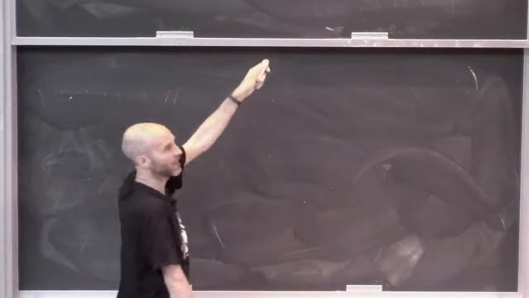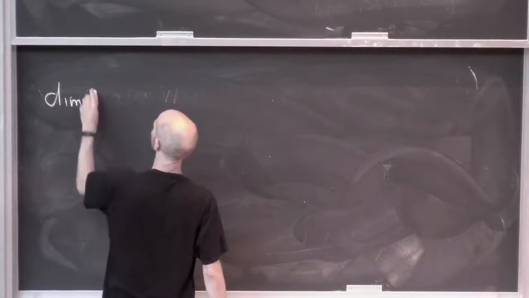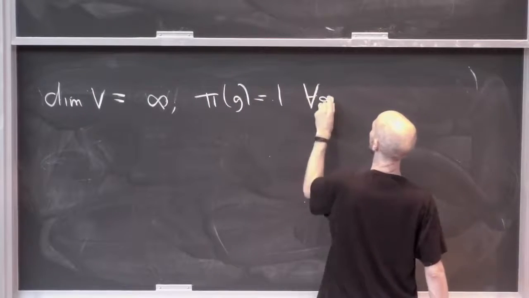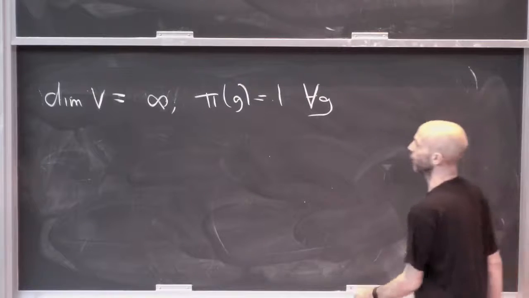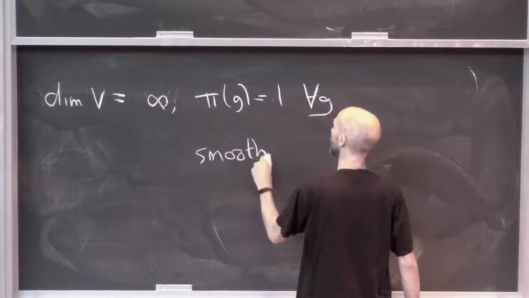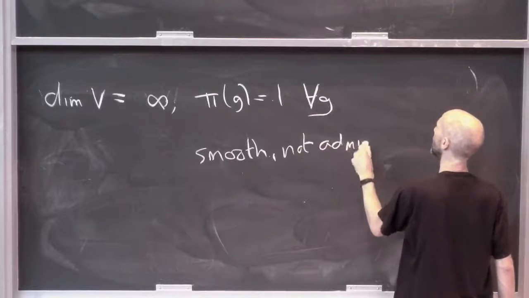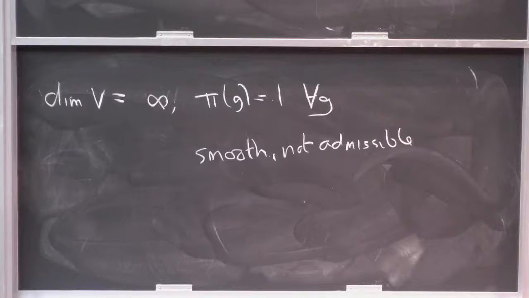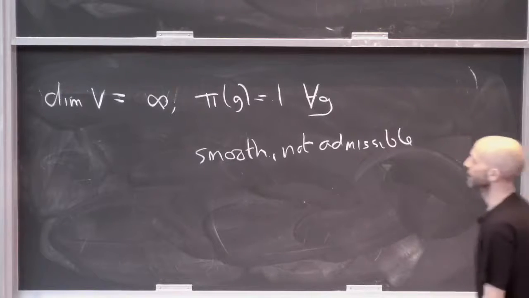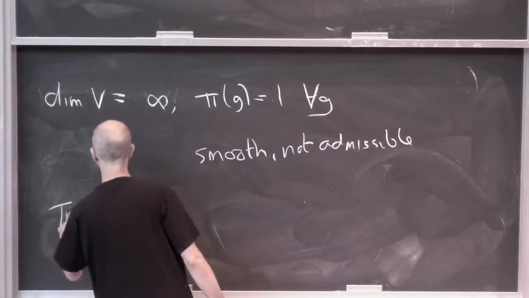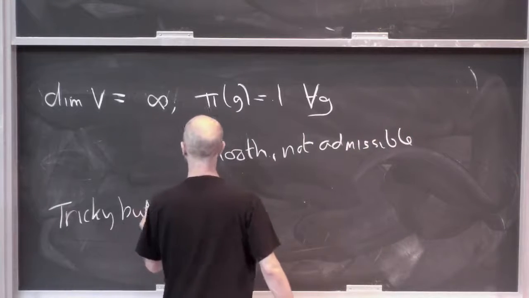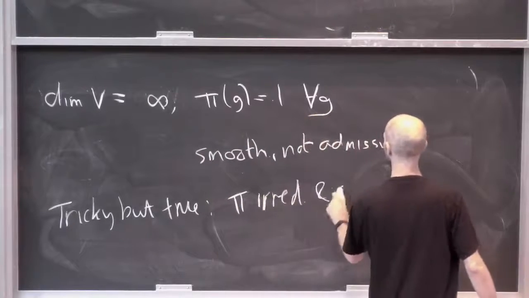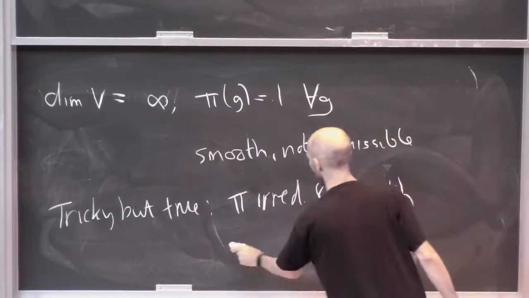If I take an infinite direct sum of these, if dim V is infinity, and pi of g is 1 for all g, then this is smooth but not admissible. So this is something like an infinite direct sum of trivial one-dimensional representations. And as a rather tricky result, if pi is irreducible and smooth, that actually implies admissible.